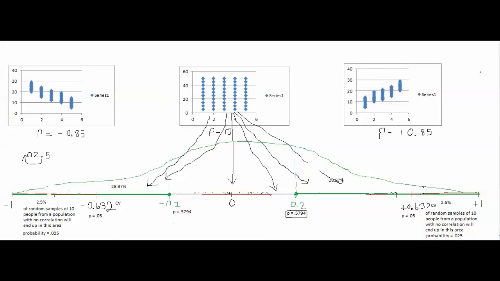And we know that, I'm going to talk about why these are the critical values. We know that this area out here, starting at this critical value and going out here, is only reached 2.5% of the time when the null hypothesis is true, meaning when the sample is coming from a population with no correlation.